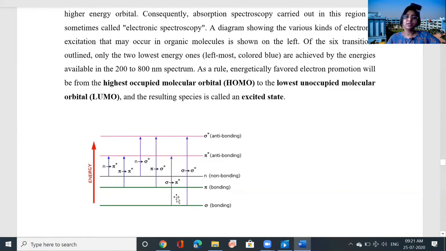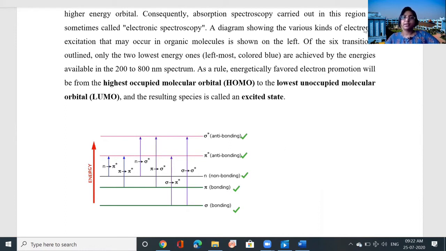Electrons occupy the bonding first and a bond is formed. There are 2 types of bond, sigma bond and pi bond. And the energy level created is non-bonding. Here we have sigma bonding, pi bonding, non-bonding, anti-bonding, anti-bonding for the pi electron and for the sigma electron.